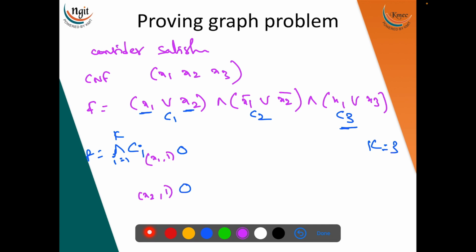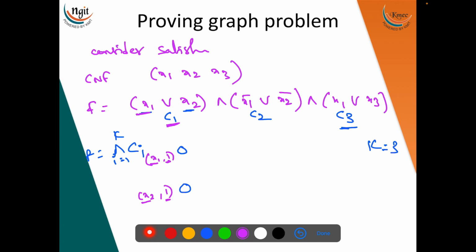I am writing the variable and the clause it comes from, C1, C2, C3, so I am just denoting it. So this vertex is x1 comma 1, where x1 is the variable and 1 represents the clause number, and this is x2 comma 1.